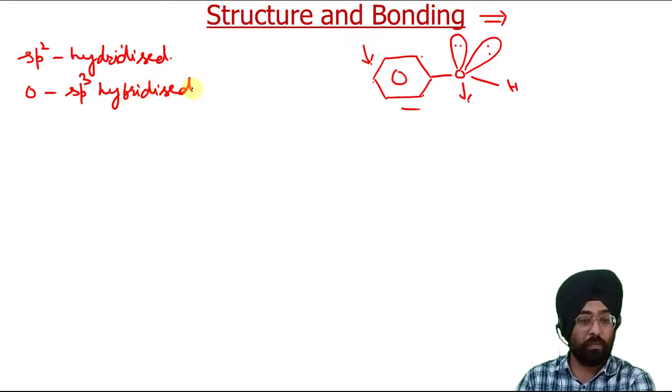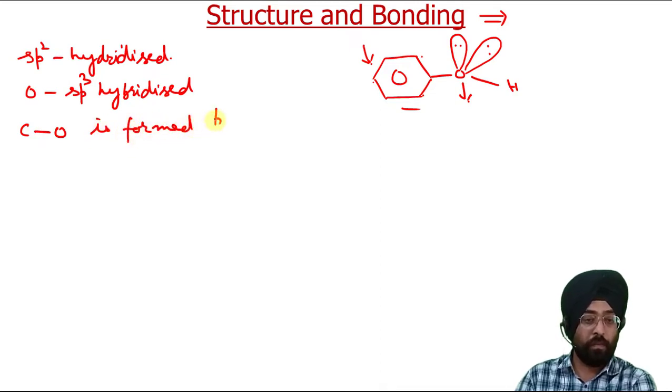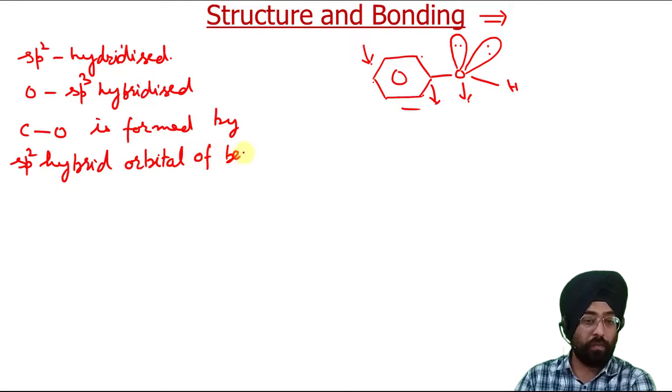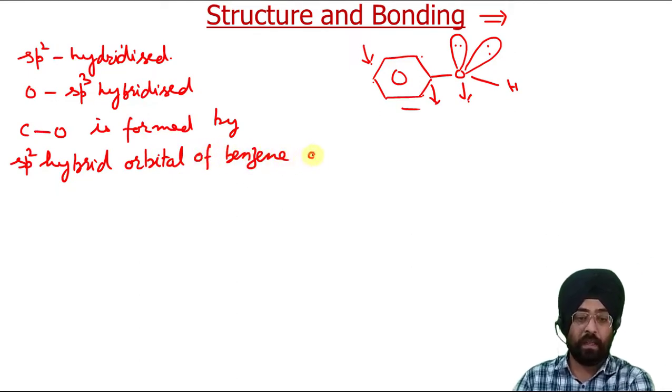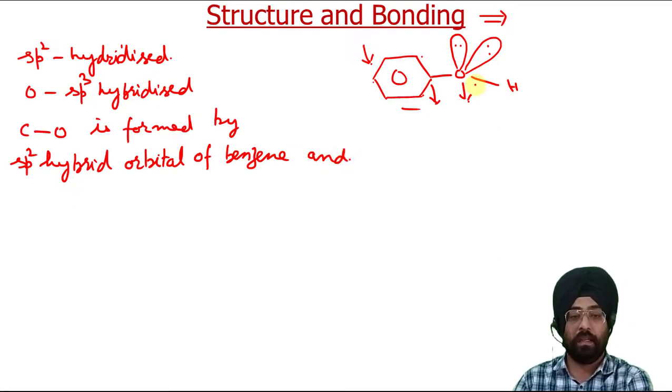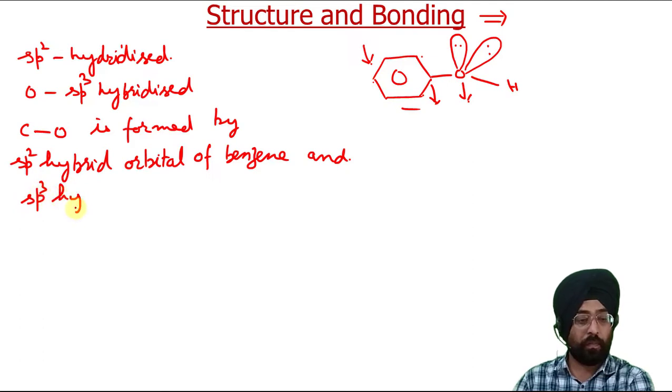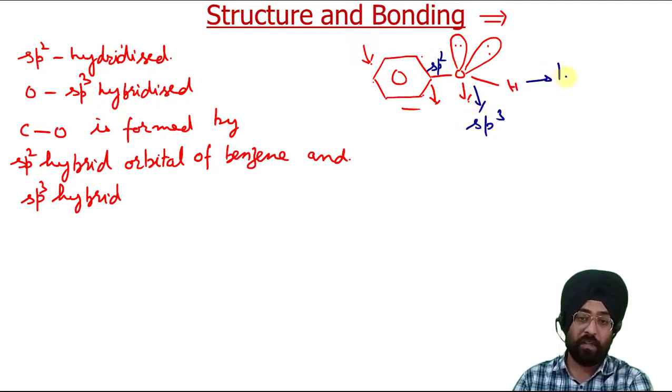So the carbon-oxygen bond, by which this oxygen is attached to the benzene, is formed by utilizing an sp2 hybrid orbital of this carbon of benzene, and here an sp3 hybrid orbital. This carbon was sp2 hybridized, this oxygen is sp3, and hydrogen has valence orbitals.